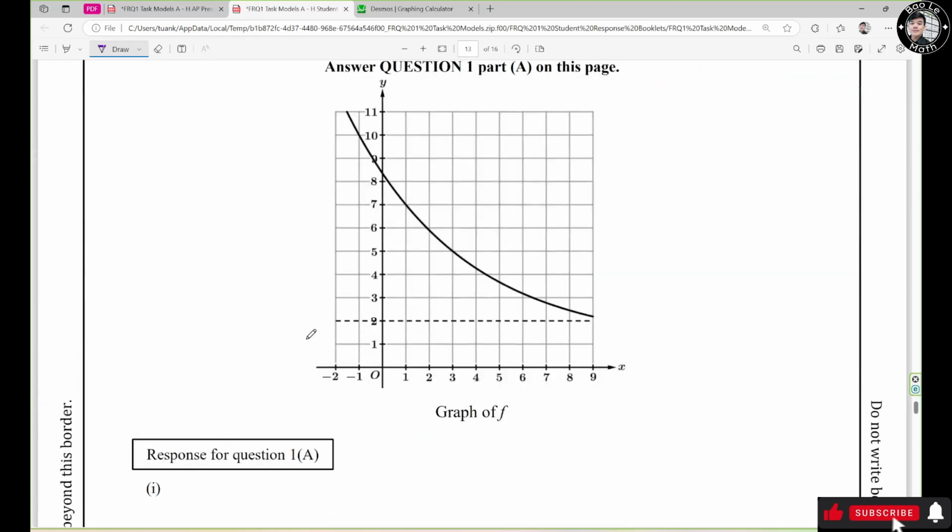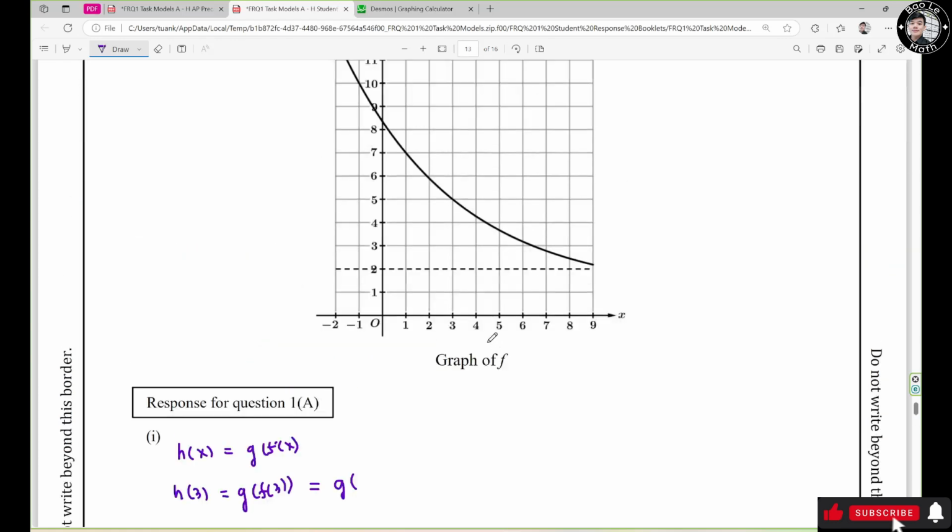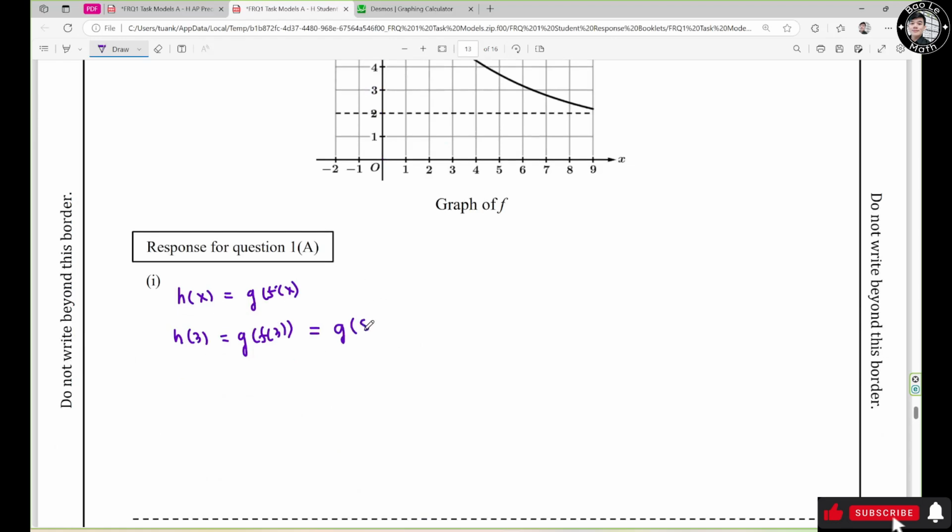So we have h of s equals g of f of s. Now we need to calculate h of 3. It's going to be g of f of 3. We look at the function f here. f of 3 equals 5 right here. So it's going to be g of 5.